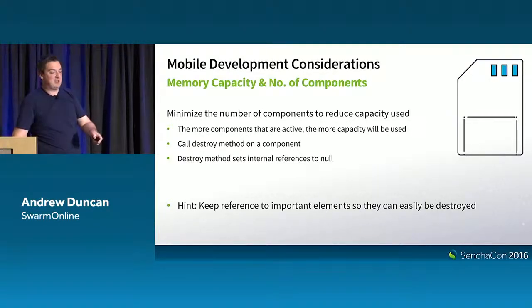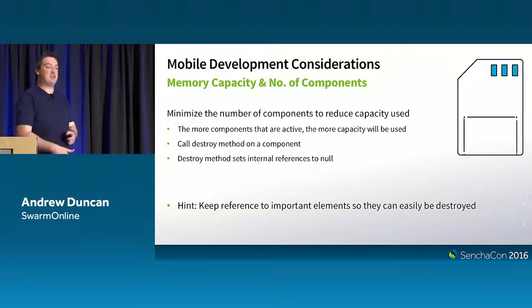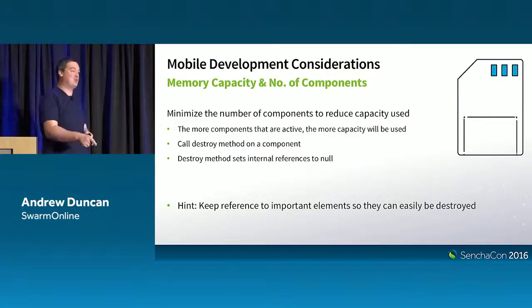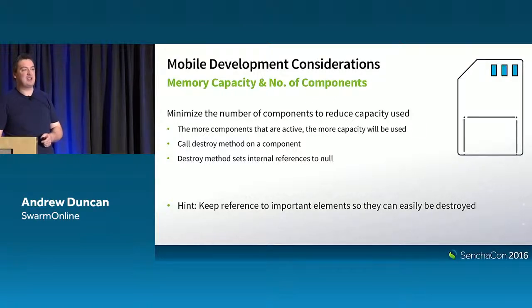I should maybe mention at this point, I have 2 things that I hadn't thought about. Number 1 is that at the last SenchaCon, I gave a talk on memory leaks and memory performance. Go and watch that talk, because that basically tells you all of this in much more detail. That's important. Number 2 is one of my colleagues wrote a blog post about 2 weeks ago on 9 performance tips with Ext JS.